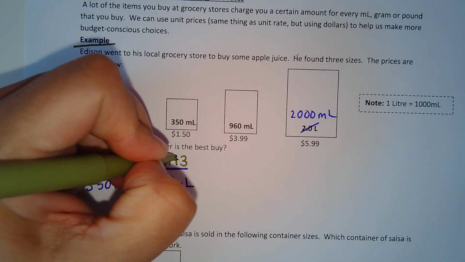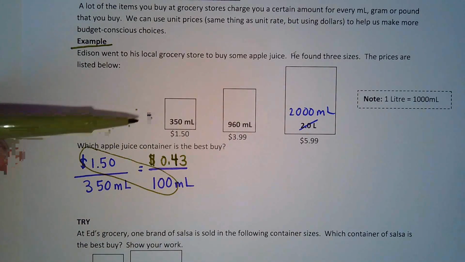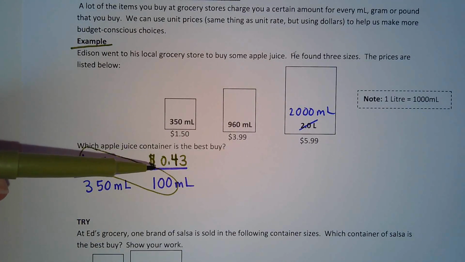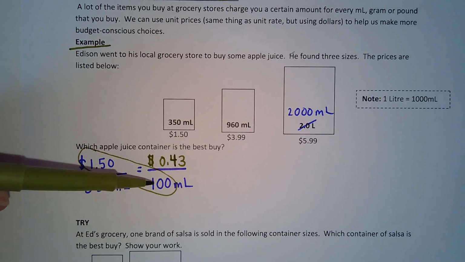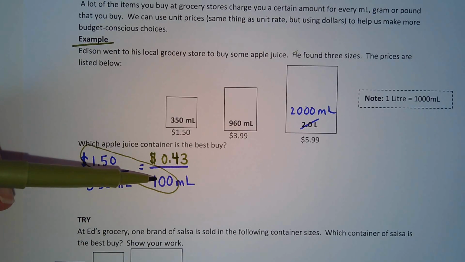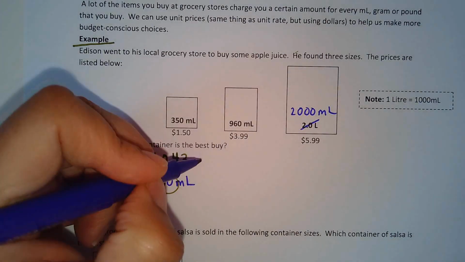So be careful to round up or not round because we're dealing with money and the numbers will be quite close together. So the first apple juice container is 43 cents per 100 milliliters. So you can imagine what would have happened if I had wanted the price per 1 milliliter. It would have been a very, very small number.